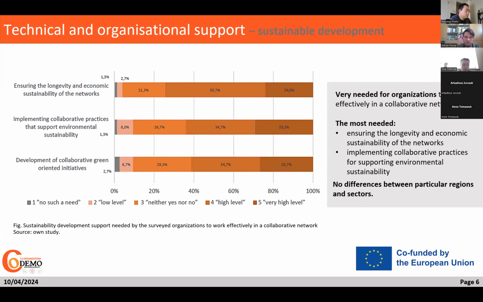Ensuring the longevity and economic sustainability of the networks is at a high and very high level of necessity for 1/3 of organizations, while implementing collaborative practices that support environmental sustainability for 64%, and the development of collaborative green-oriented initiatives for over 60% respectively. There were no relevant differences between particular regions and sectors.